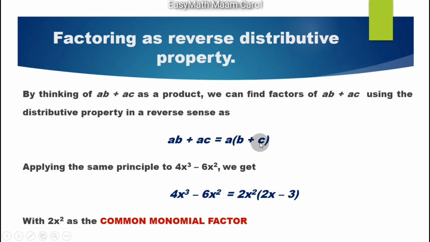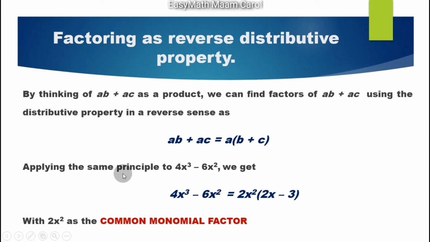But this time, yung factoring kasi, kabaliktaran siya ng distributive. So, you were already given an expression na merong common factor and all you need to do is to factor it out. So, we have AB plus AC. Pareho silang may A. So, we factored out A. And ang naiwan sa loob ng parenthesis ay B plus C.